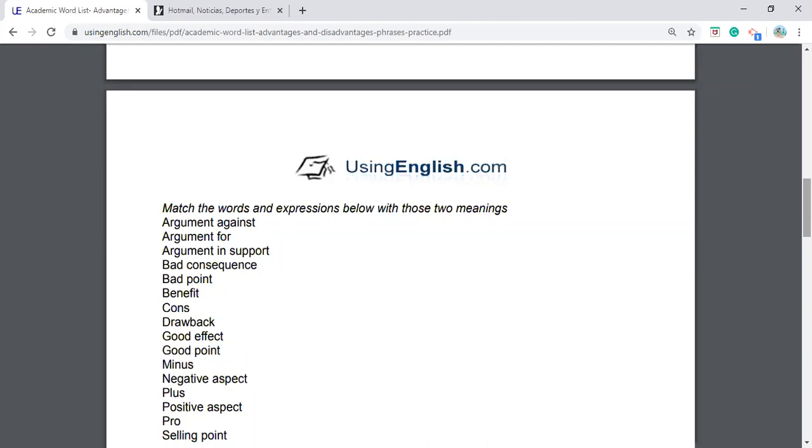The selling points can be the main characteristics. For example, the selling point of COVID-19 is that you have to be at home, in order not to get ill, okay? That is the selling point of COVID-19, the main characteristic.